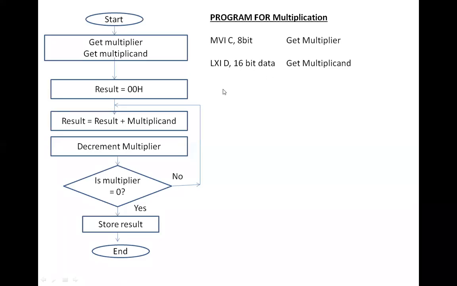D register will contain 00 and E register will contain 06. So by using these two instructions, we are able to know what is the multiplier and what is the multiplicand. Multiplier is in C register and multiplicand is in DE pair register.